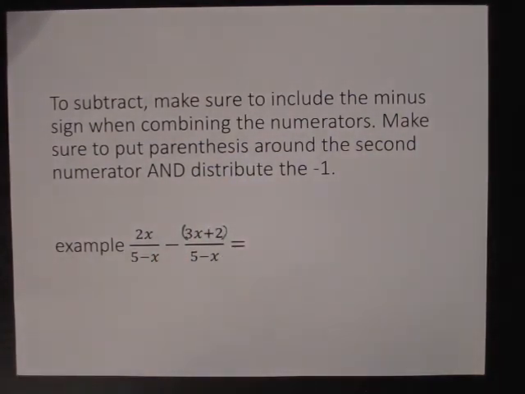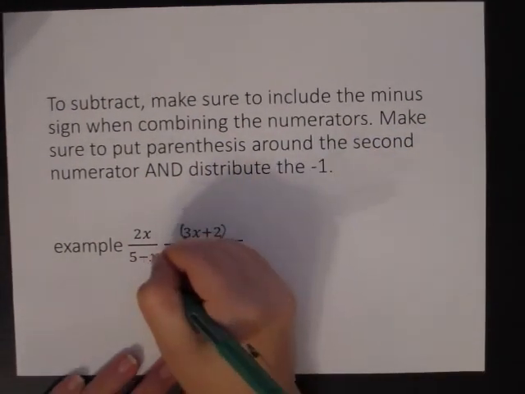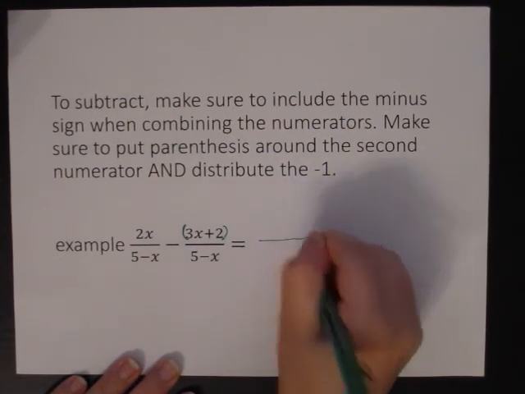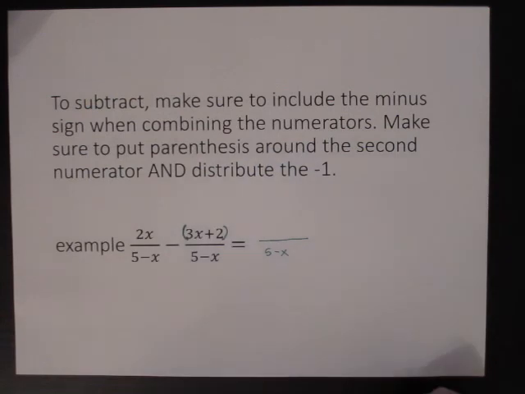So I have 2x over 5 minus x, minus (3x plus 2) over 5 minus x. Now, since my denominators are exactly the same, I can keep that denominator of 5 minus x, and I'm going to put together my numerators.